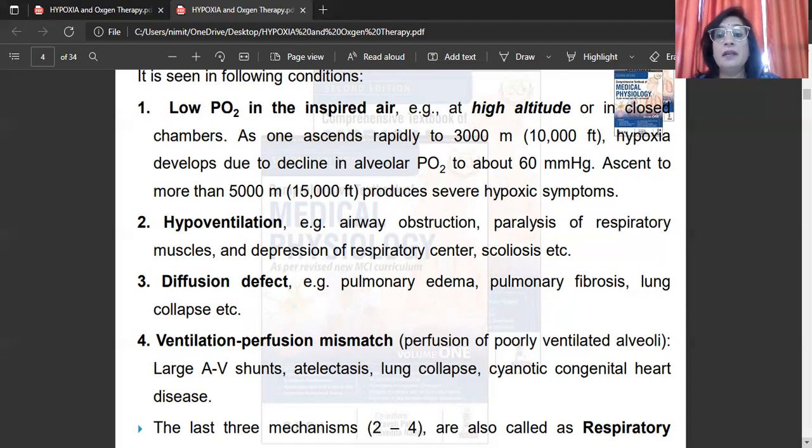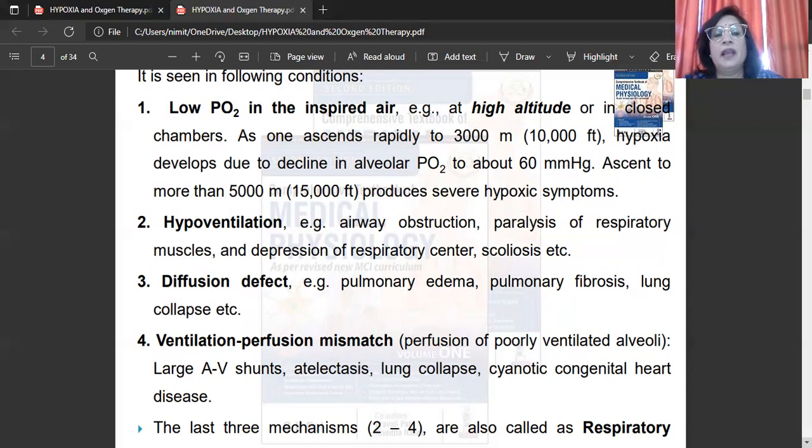And if the ascent is more than 5,000 meters, then it produces severe hypoxic symptoms. So symptoms start from 3,000 meters and above if the ascent is rapid.